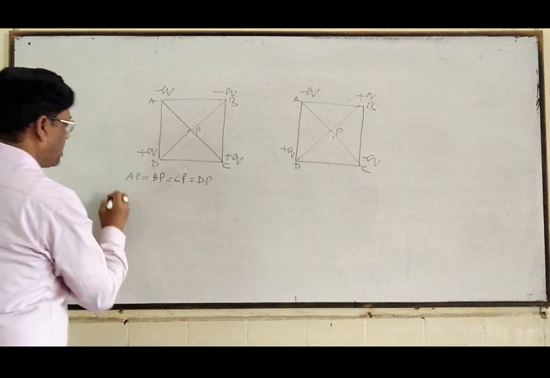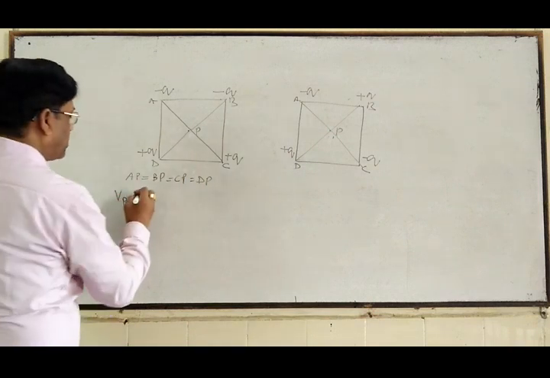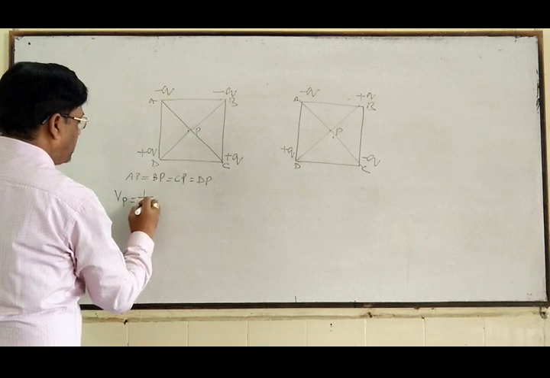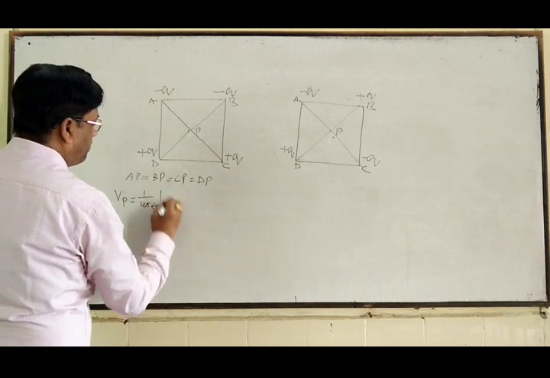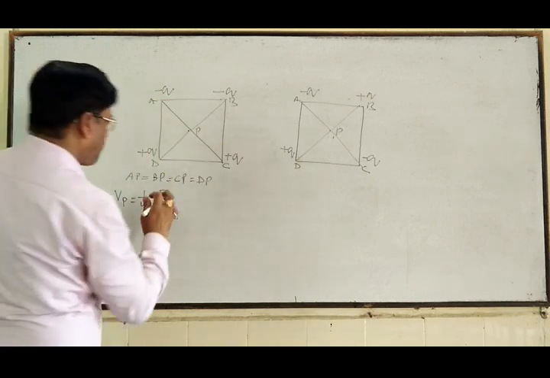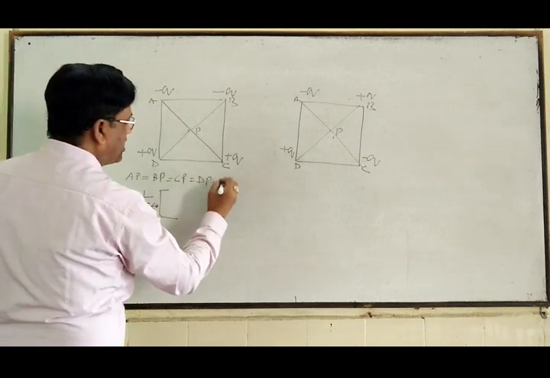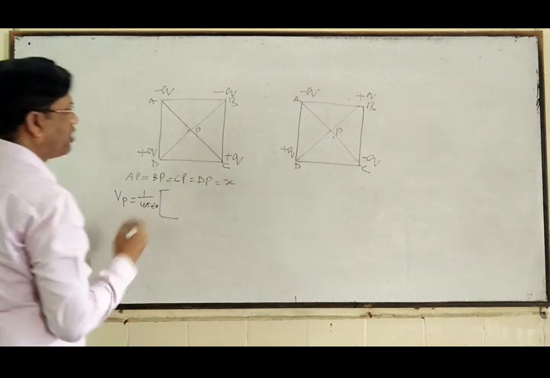Then potential at P you can calculate. VP is equal to what? It is 1 upon 4 pi epsilon naught, thereafter charge upon this distance. If these distances are the same, let us consider that it is R, then what will happen?